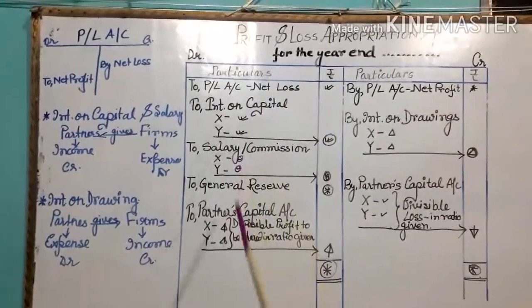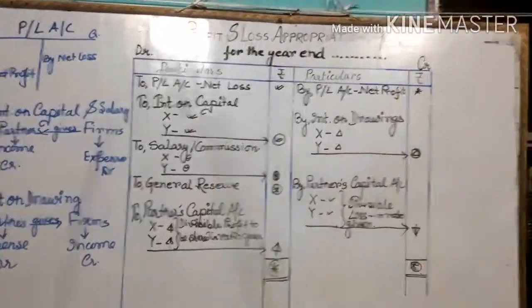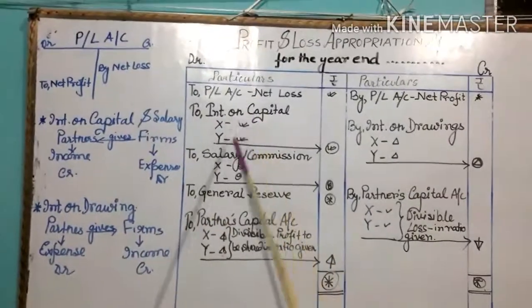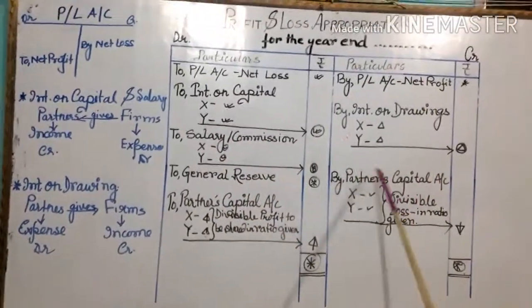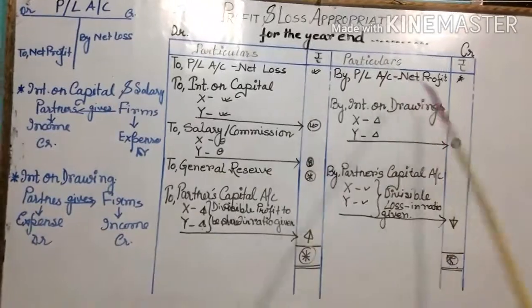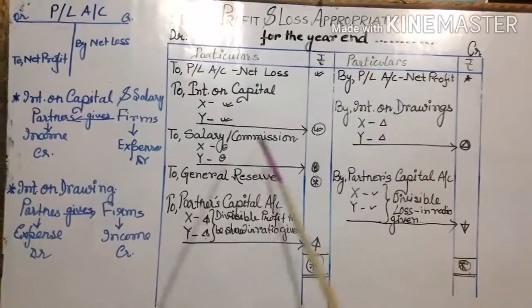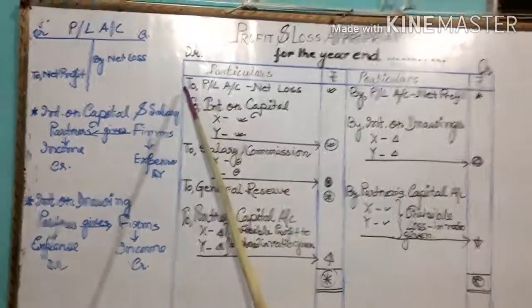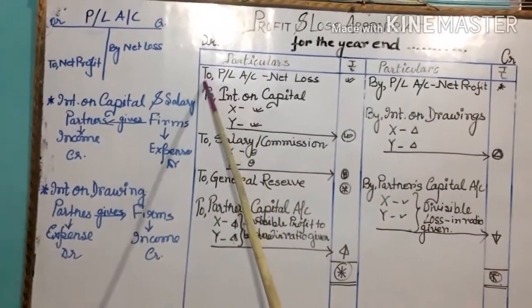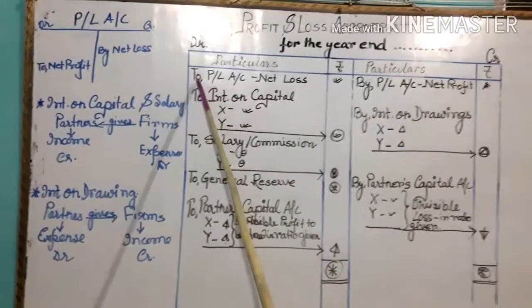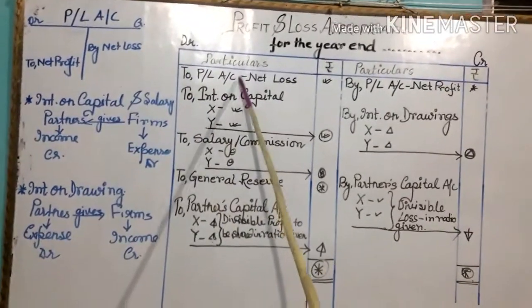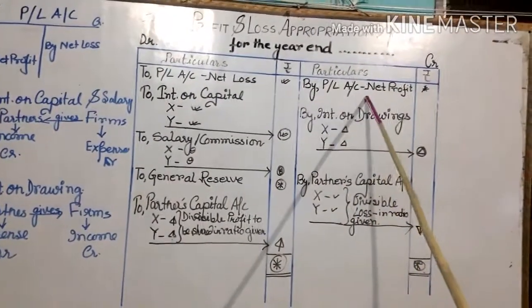Now it has two sides, the debit side and the credit side. I have posted many entries on both sides. But before posting all these entries, the first two entries on either side are to P&L account, net loss, and by P&L account, net profit.